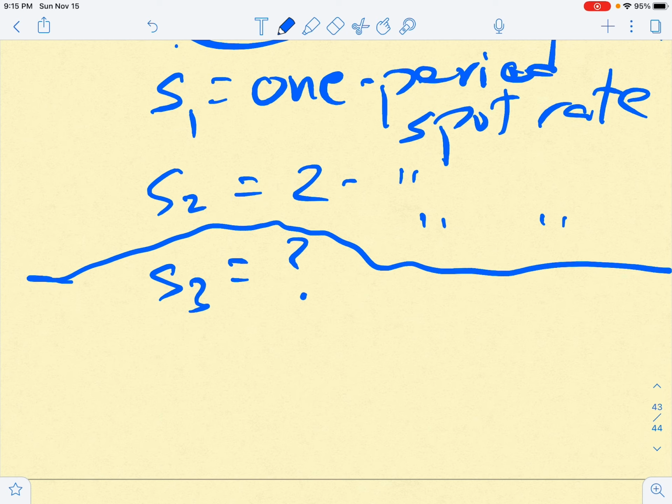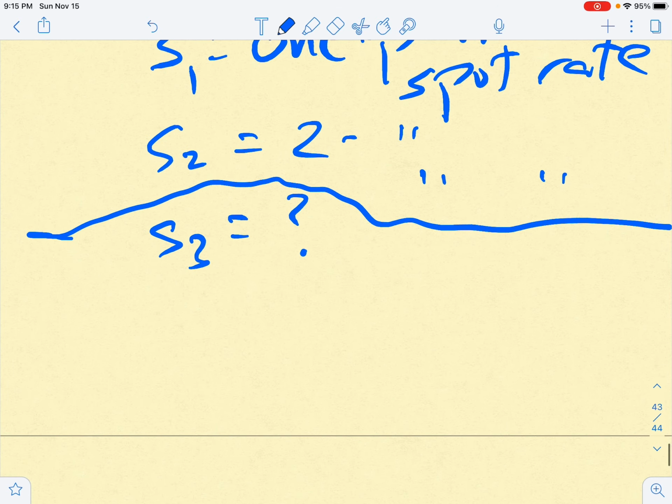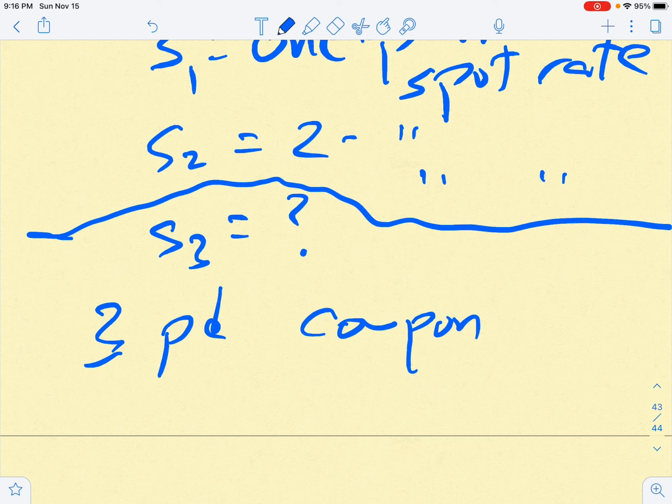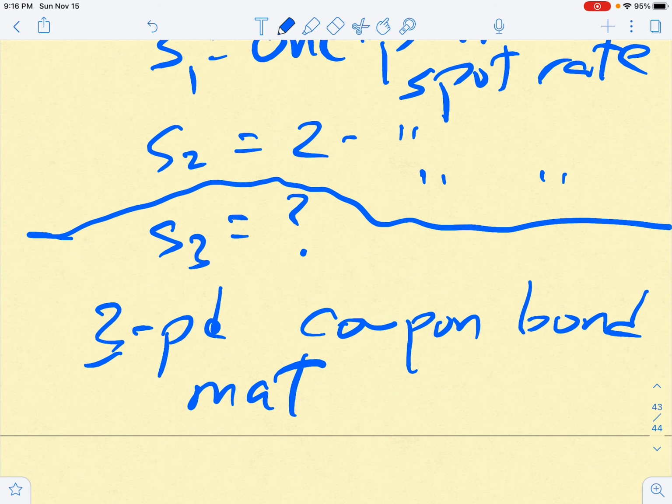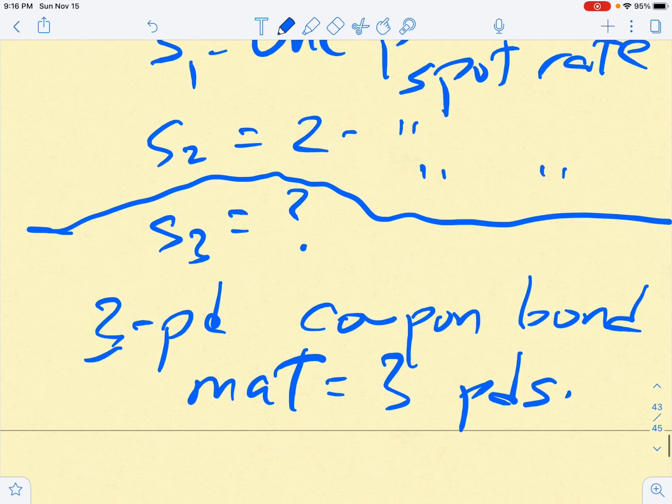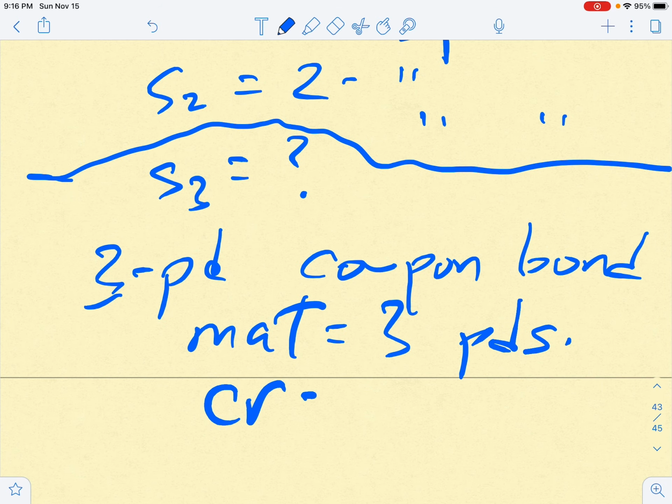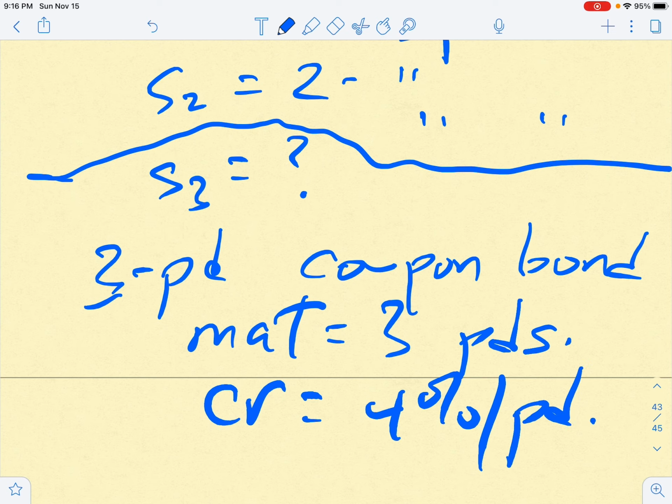So here's one thing you can do. We need for there to exist a 3-period coupon bond, in this case a Treasury security, with maturity equal to 3 periods. Let's just assume the coupon rate is 4% per period.